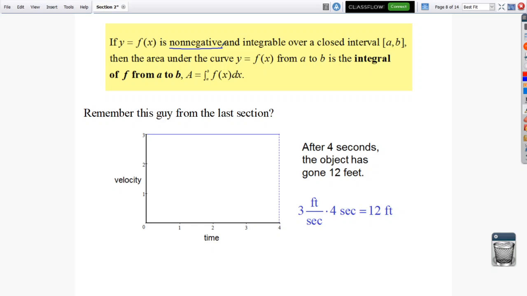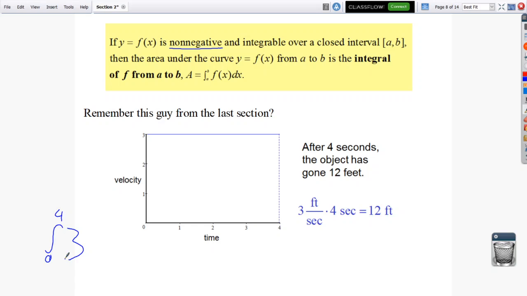Down here, we actually calculated an exact integral last class. This is the integral from 0 to 4 of a constant function. That function is going to be 3.